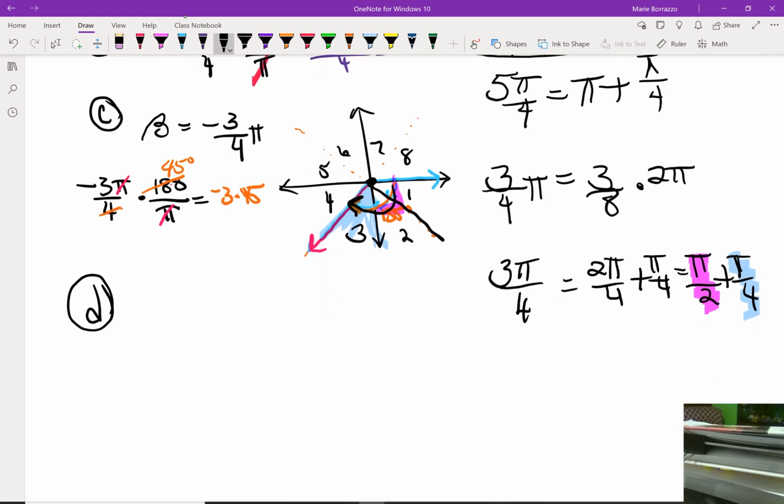Okay, here's part D. In part D, they give us gamma equal to 9 pi over 4. And same thing applies in this case. We're going to take the 9 pi over 4. Remember, this is the equivalent of 9 over 8 times 2 pi.